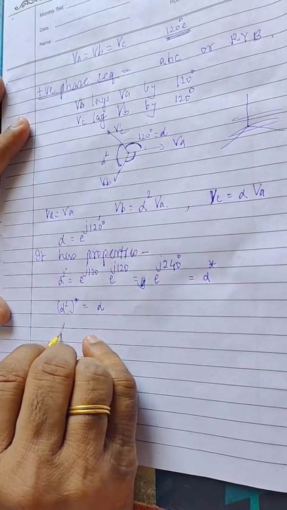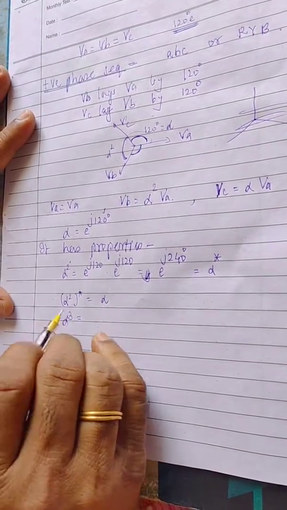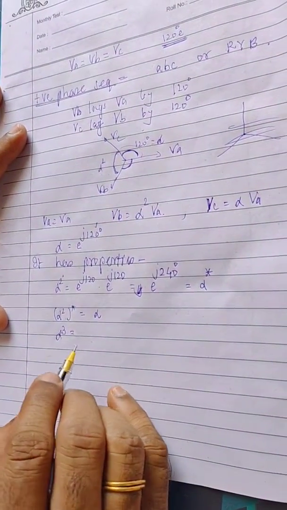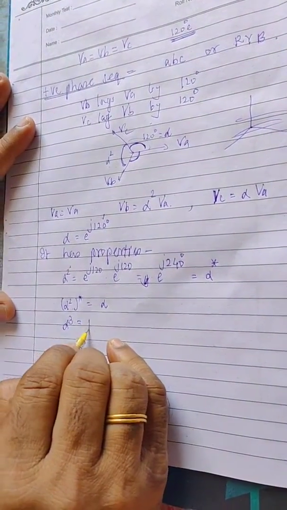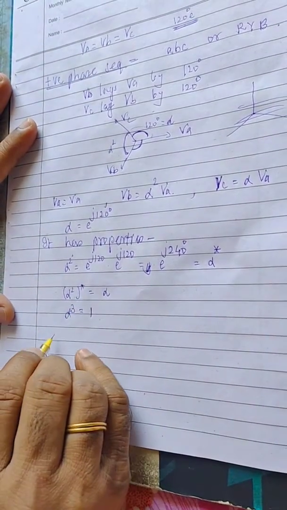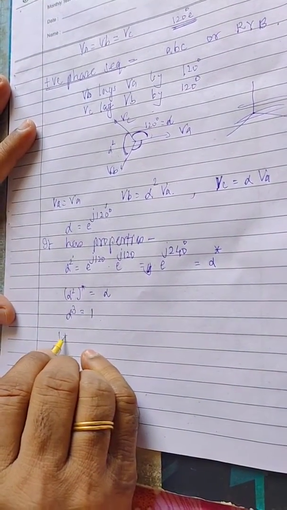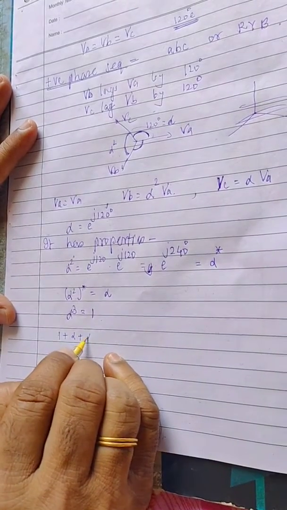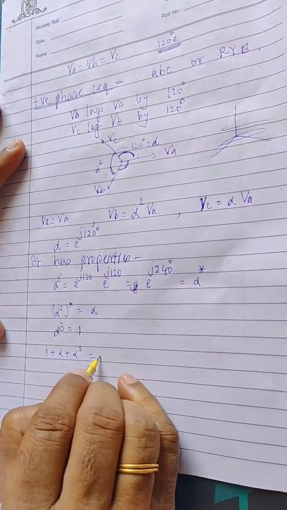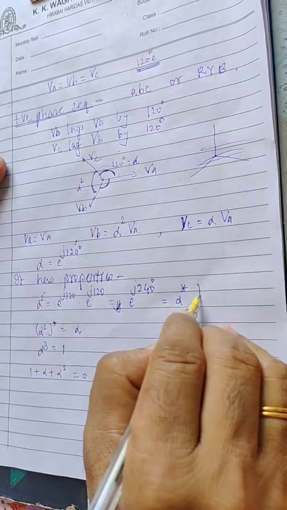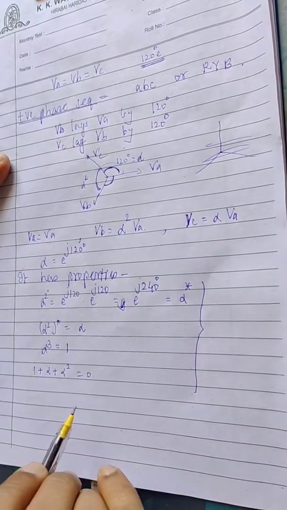Third property, alpha cube is equal to 1. And property 4 is 1 plus alpha plus alpha square is equal to 0. These are the 4 properties.